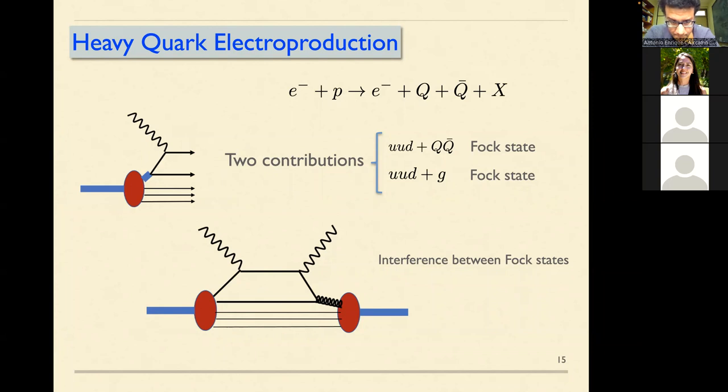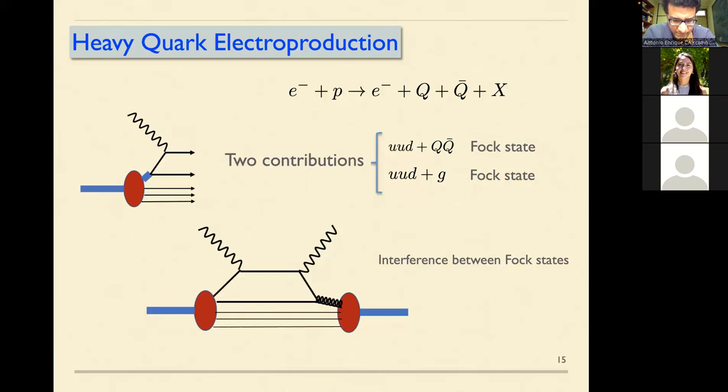So we are doing that with Valery and Stanley Brodsky, because you can think that you have 2 contributions. This is very interesting because you have one contribution from the Fock state with a quark and anti-quark, which you can see in the graph below, and the other from the Fock state with uud and a gluon.